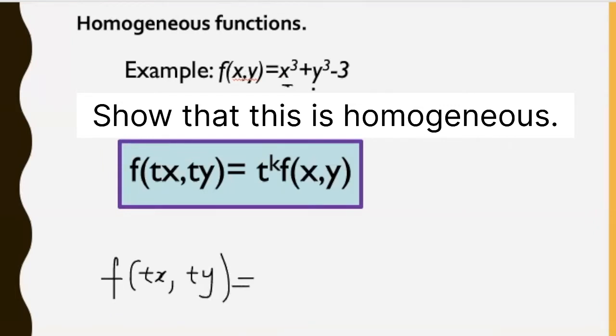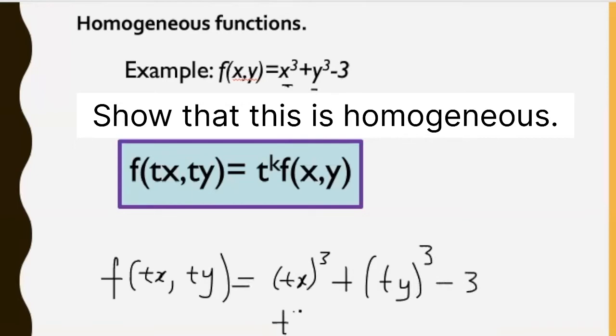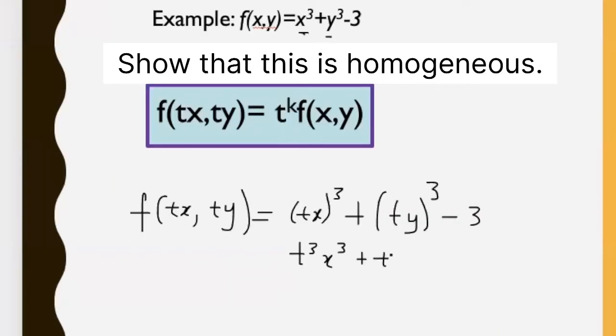So I will have tx cubed plus ty cubed. There is no x or y on the 3, so we'll leave it as minus 3. So this is t cubed x cubed plus t cubed y cubed. There is no x or y on the 3, so we have minus 3.